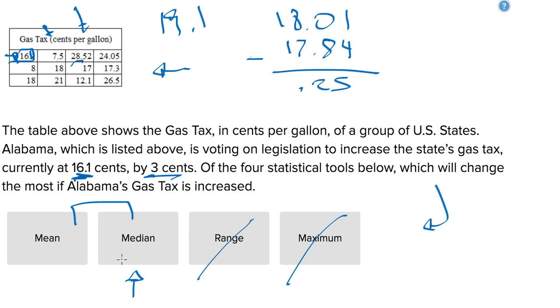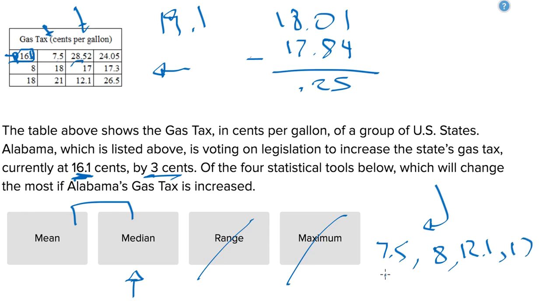Okay, now what is the difference for the median? You are actually going to have to list all 12 of these out. What I would recommend is to list them in rows of four so you keep track of what's going on here. Starting with the smallest one, this would be 7.5, 8, 12.1, and then 17.